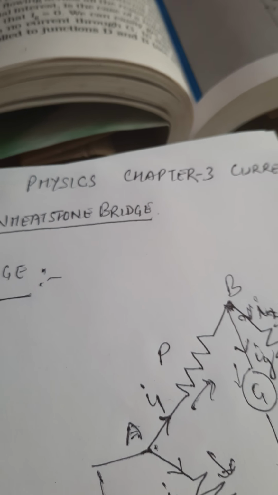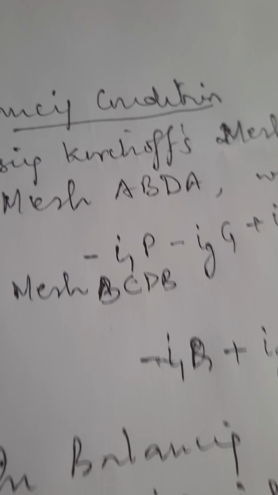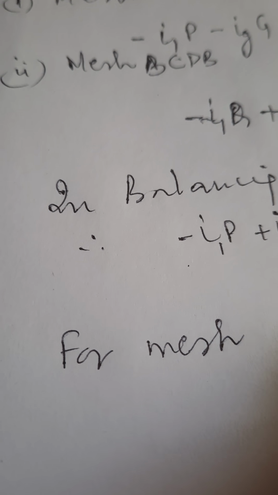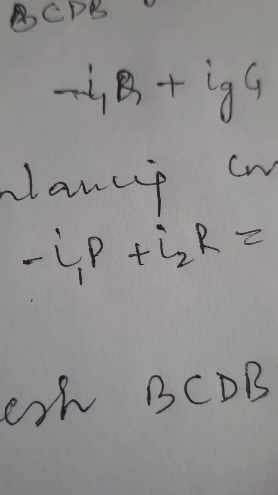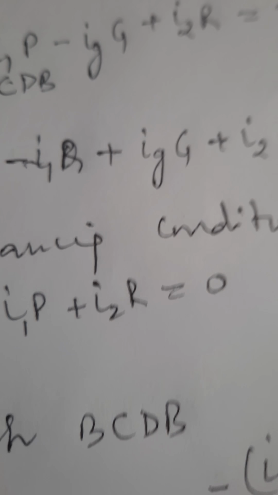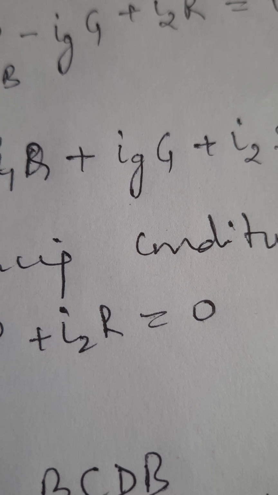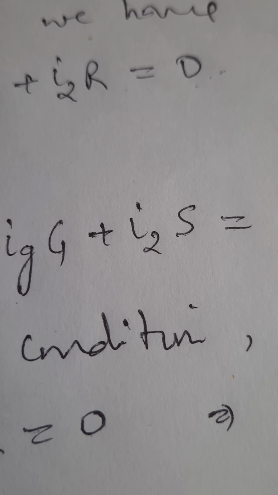So we can write the equation for mesh BCDB: minus I1 minus Ig into Q plus Ig into G plus I2 plus Ig into S is equal to 0.